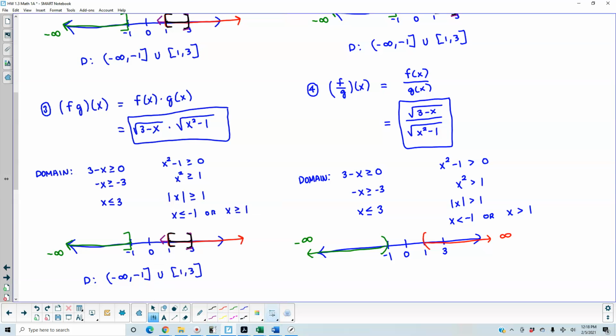And at 3, we still have a bracket going towards negative infinity. So therefore, the domain of our function is going to go from negative infinity to negative 1 with a parenthesis, union parenthesis 1 comma 3 with a bracket.